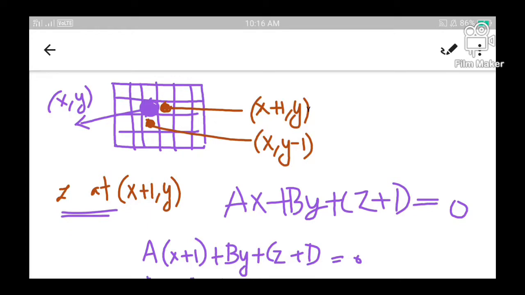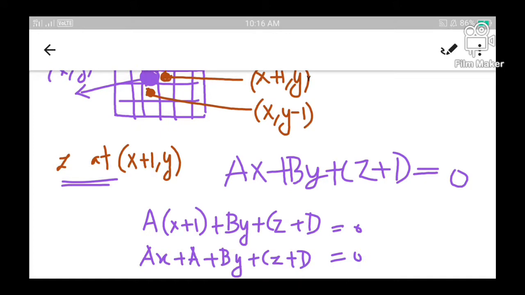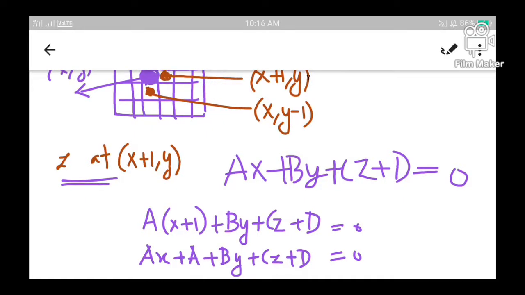Now let us cross multiply. We get ax plus a plus by plus cz plus d equal to 0. From this, we are going to compute the value of cz.